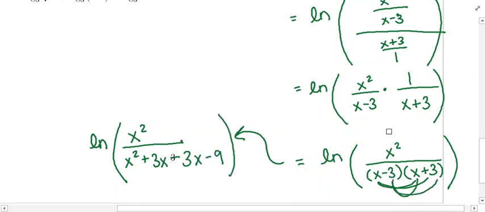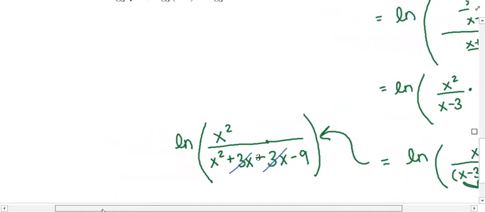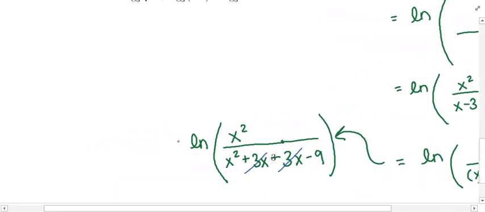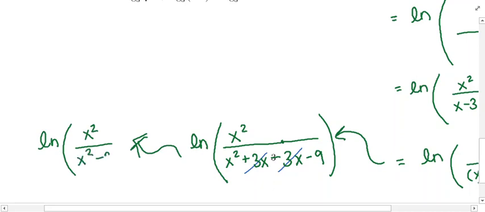The positive 3x will cancel with the negative 3x. And so the final answer here will be, oops, that's a weird looking arrow, the natural log of x squared over x squared minus 9.